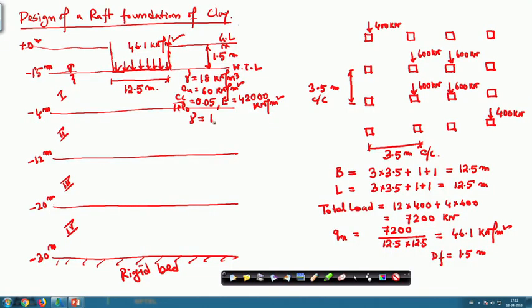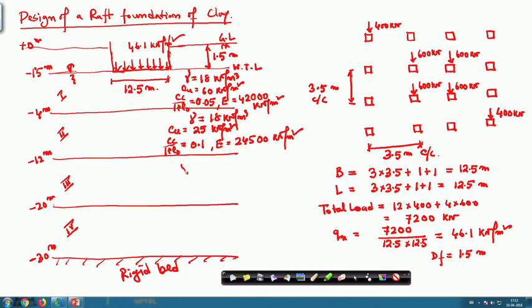Again, for the second layer, unit weight is 18 kilonewton per meter cube, Cu value is 25 kilonewton per meter square, Cc/(1+e0) is 0.1, and E is taken as 4500 kilonewton per meter square.